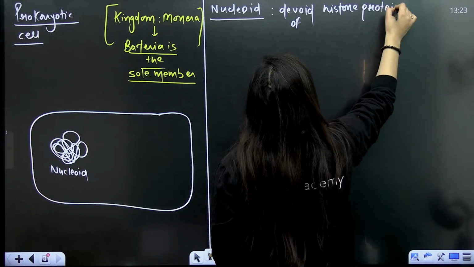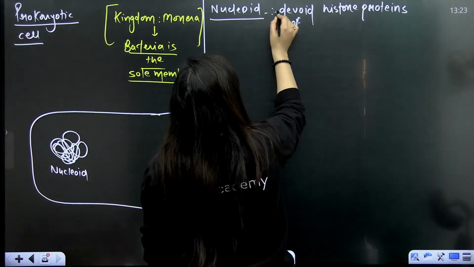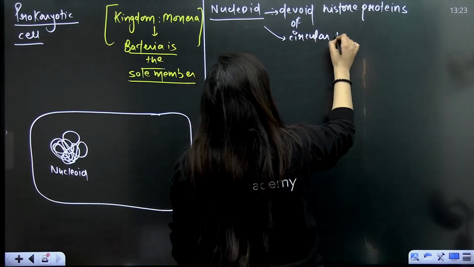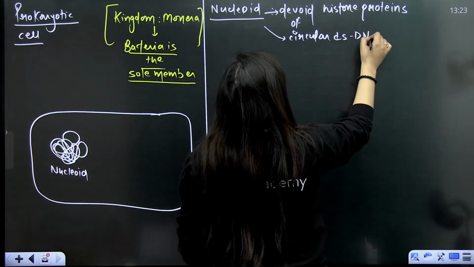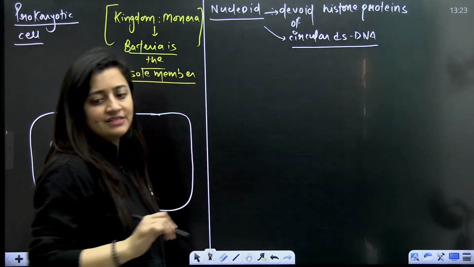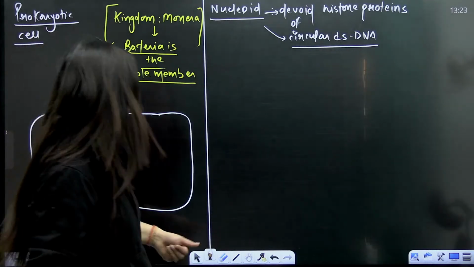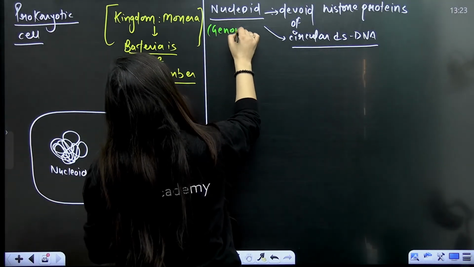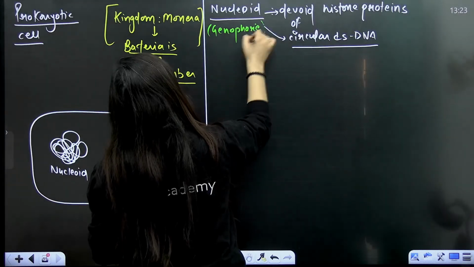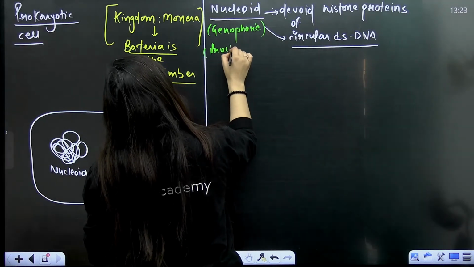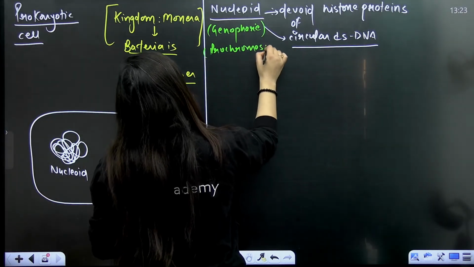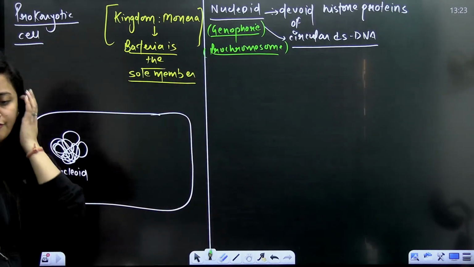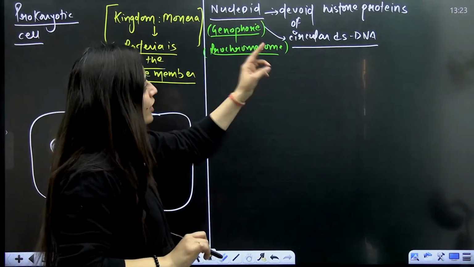It is circular, double-stranded DNA. This nucleoid is also known as the genophore, and we also use the term prochromosome here, right, students? It is devoid of histone proteins.